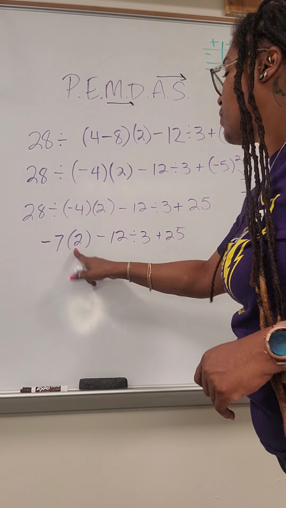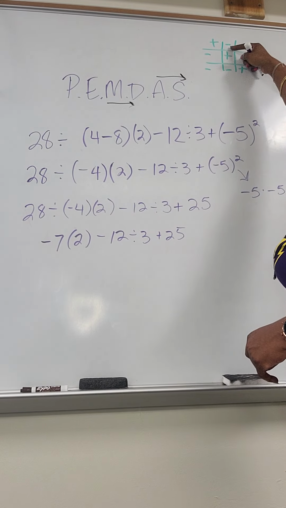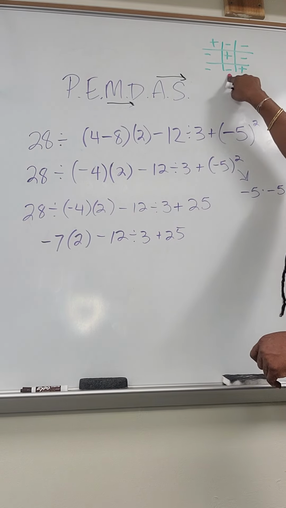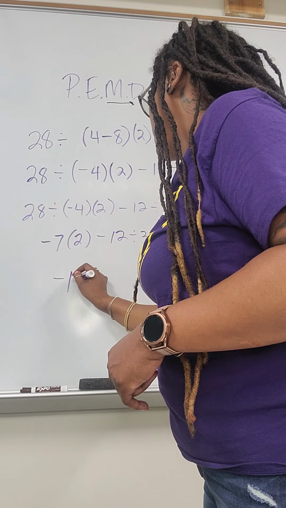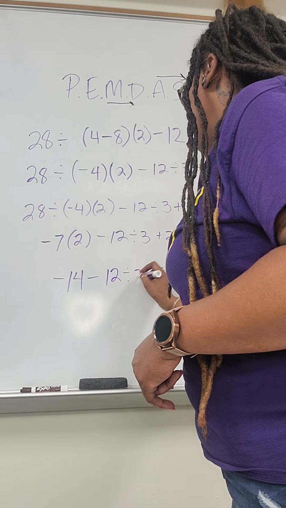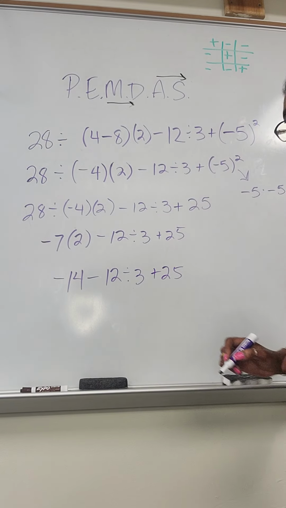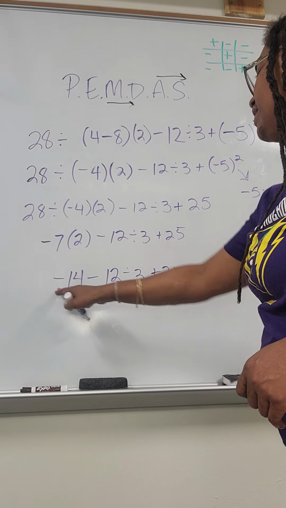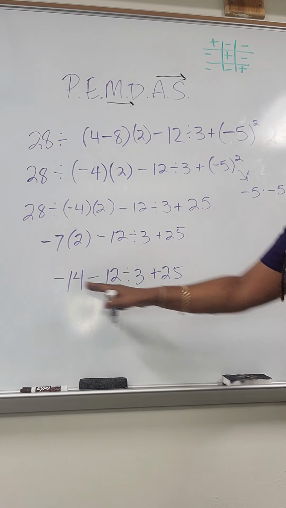So a negative times a positive is a negative. 7 times 2, -14. I'm going to bring everything else down. 12 divided by 3 plus 25. I'm like, okay, now I just have -14 minus 12 divided by 3 plus 25.